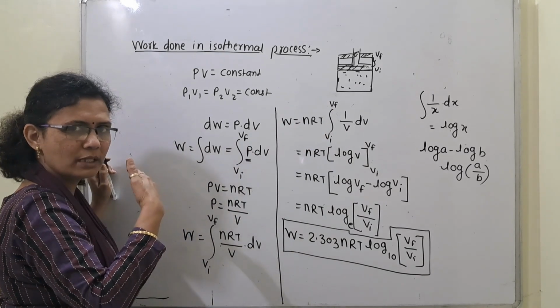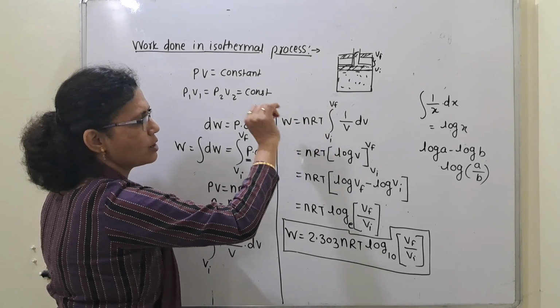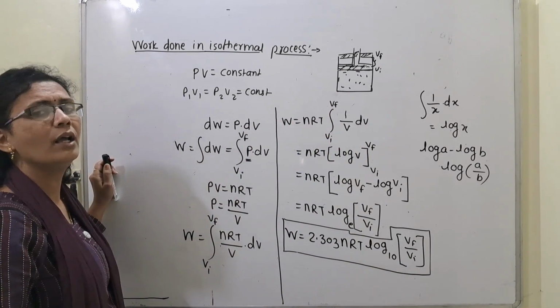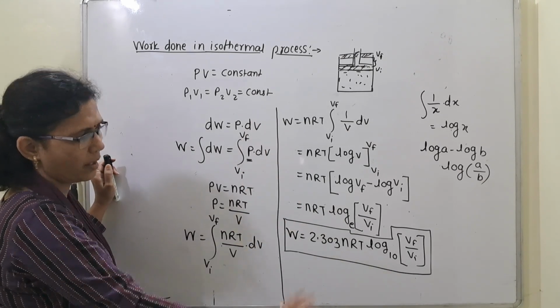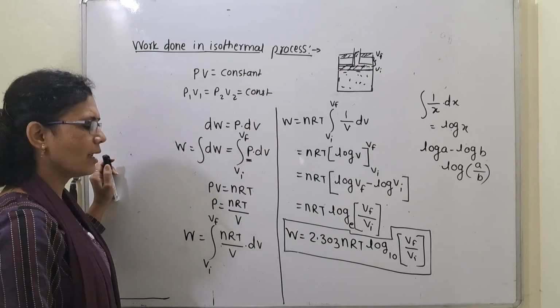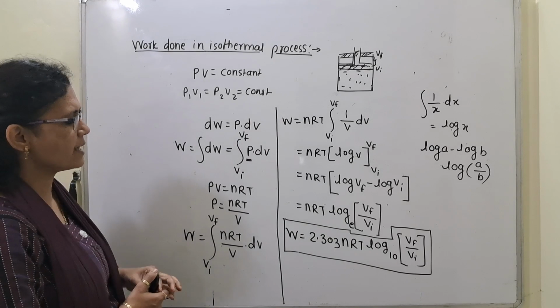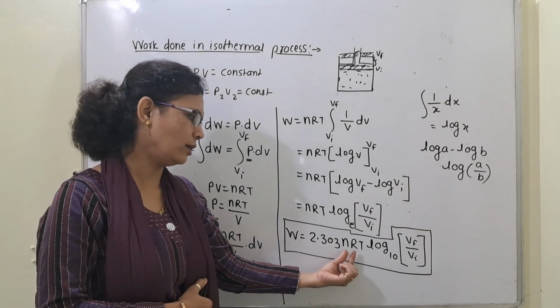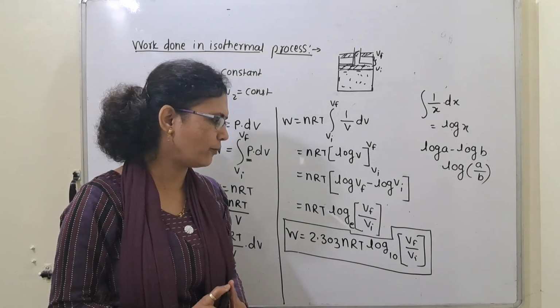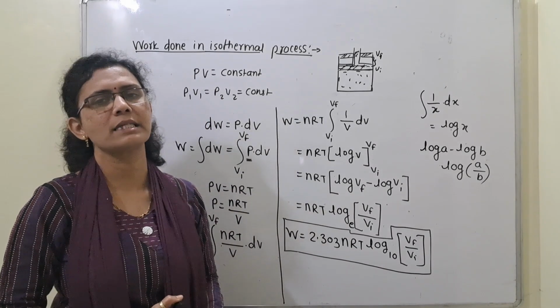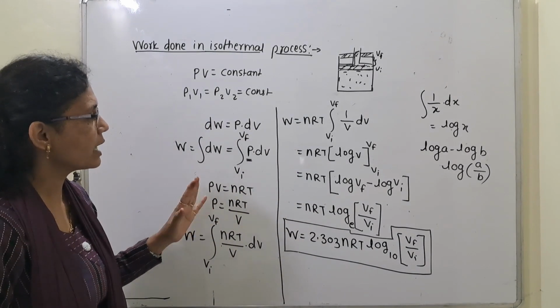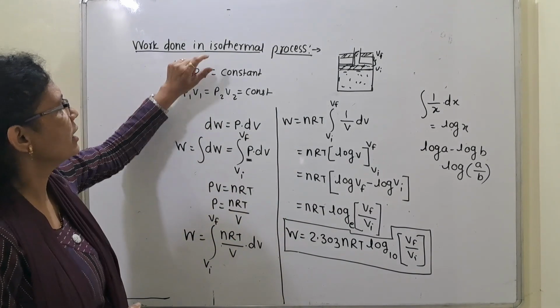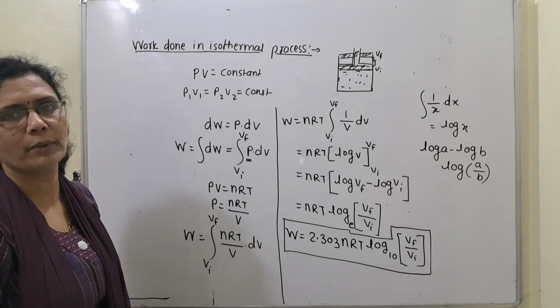Take it out from the integration sign, and integration of 1 upon V dV will be log of V. Then all that part will be there. So the last expression comes as 2.303 nRT log of Vf upon Vi to the base 10. This is the expression for work done in case of isothermal process.